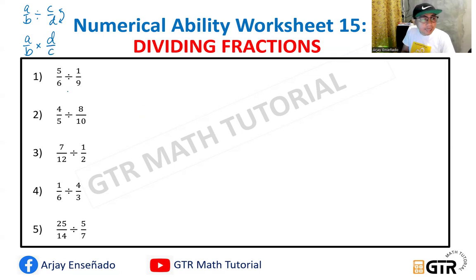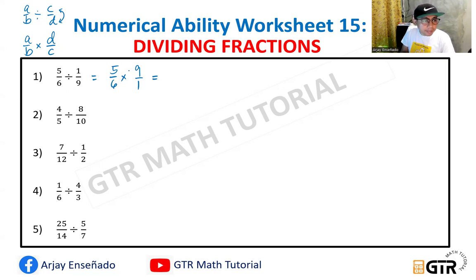Okay, so i-apply natin ang rule na yan for number 1. 5 over 6 divided by 1 over 9. So this will become 5 over 6 times reciprocal of 1 over 9 is 9 over 1. Then, before proceeding to multiplying the numerator and denominator, tandaan na pwede tayong mag-cancellation law muna.